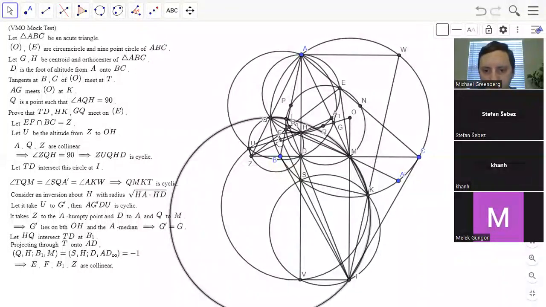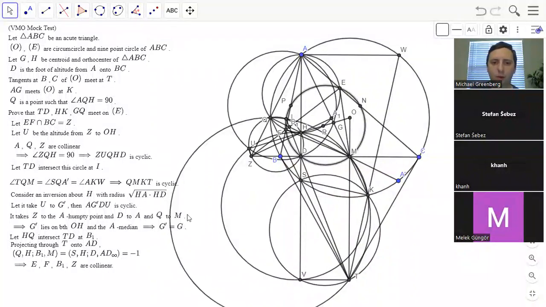So B1I times B1T is B1Q times B1M. What were the three circles I had in mind? Oh no, this. Okay, so it's this one. Oh, but we don't know.